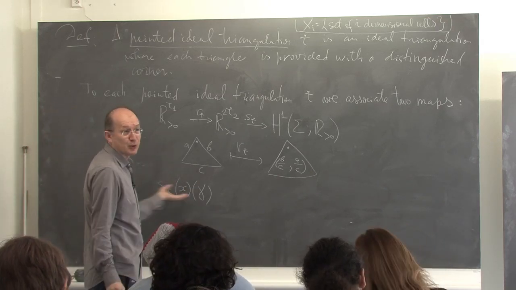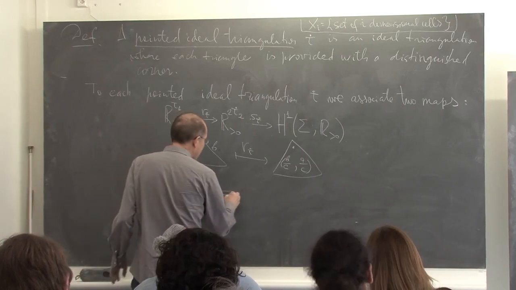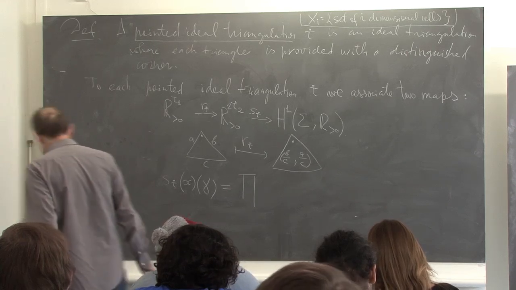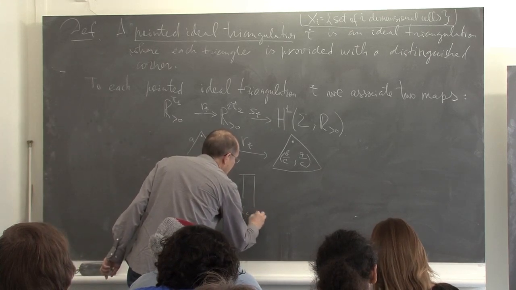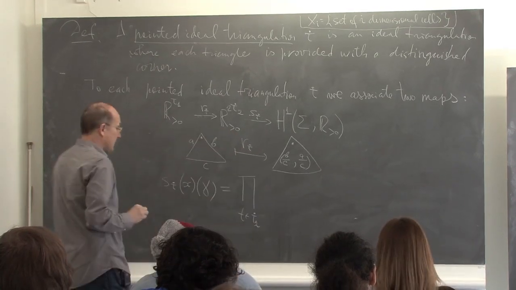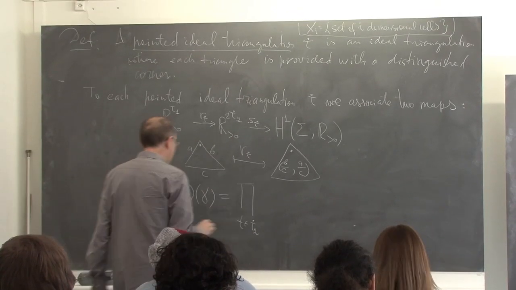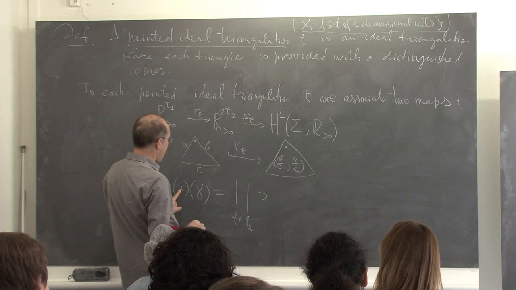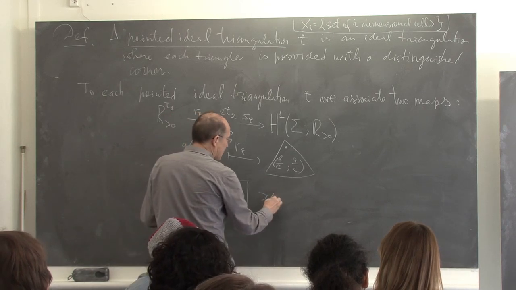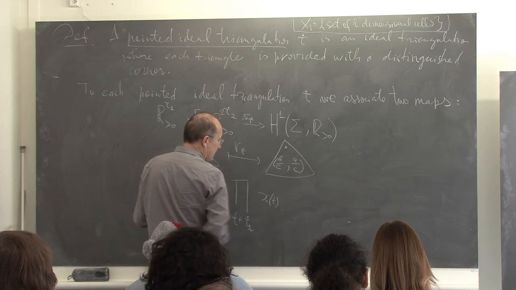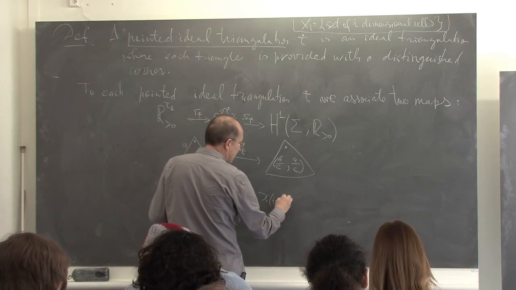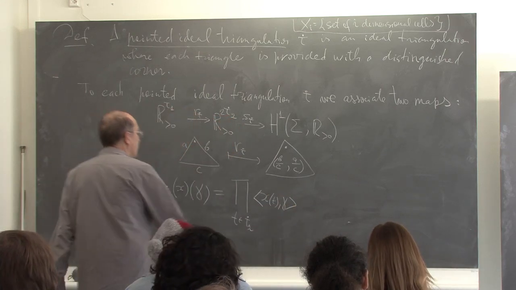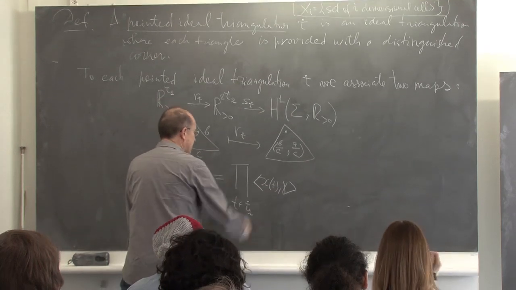And now this is going to be a positive number. Now I write this positive number as a product of contributions from triangles. And the contribution from triangle is given, so I write it like this. So I evaluate x at this t. So this is going to be a two-component vector with positive components. And I put some evaluation on gamma, and now I will say what this part means.